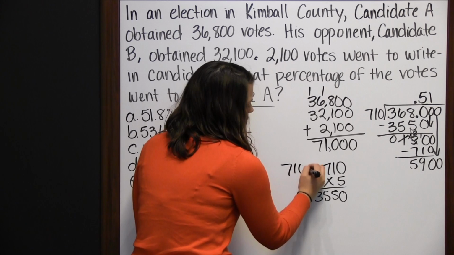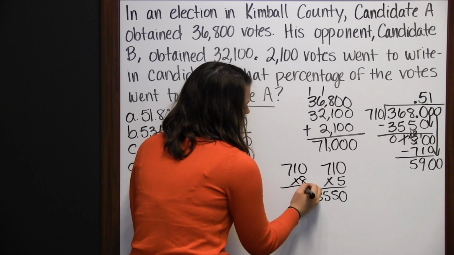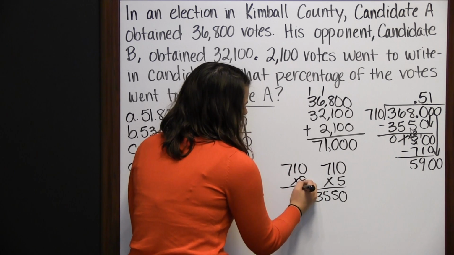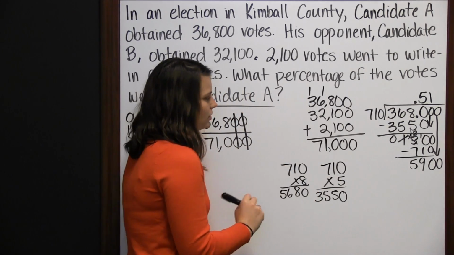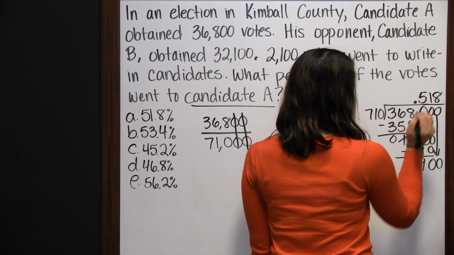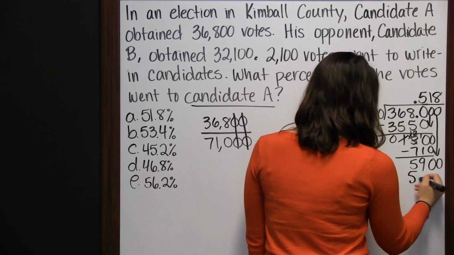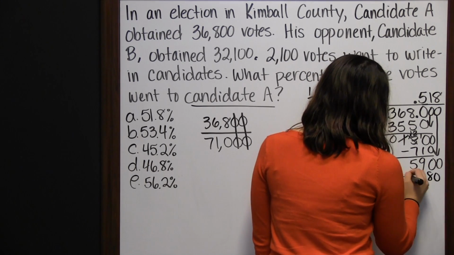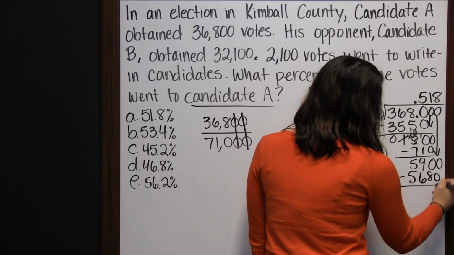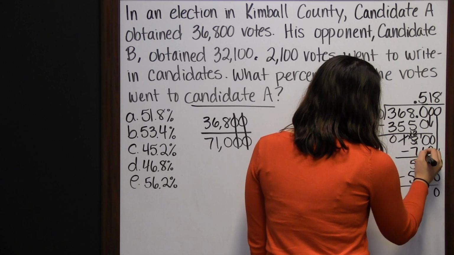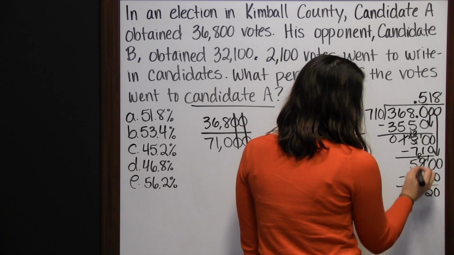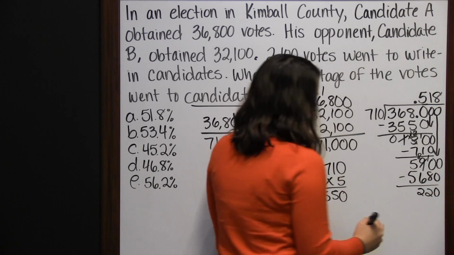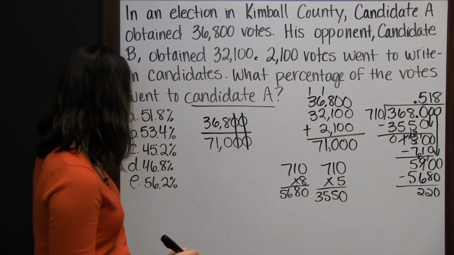So I'm thinking it goes in there about 8 times. So that's 0, and that's 8, and that's 56. So yes, that's very close. So that's 8. And we have 5,680. We can subtract, and that's 0. Borrow from the 9, that's an 8, so that's 10. 10 minus 8 is 2. 8 minus 6 is 2, so we get 220.